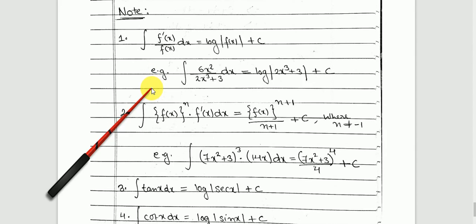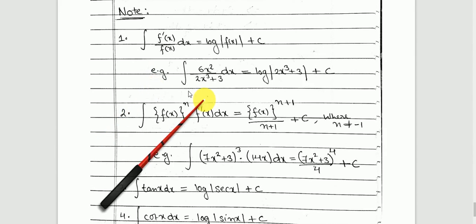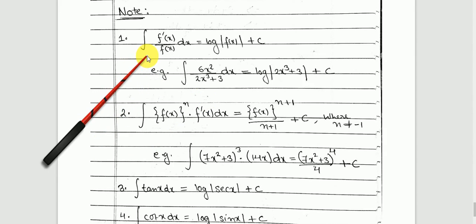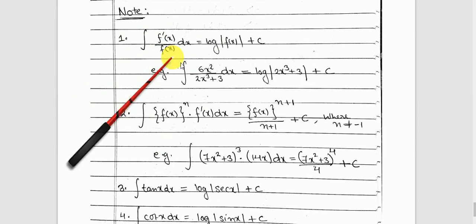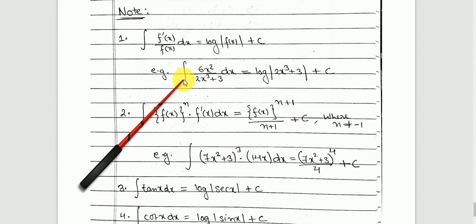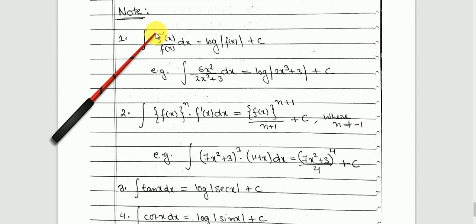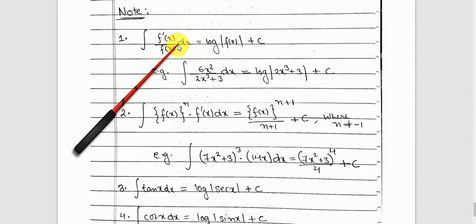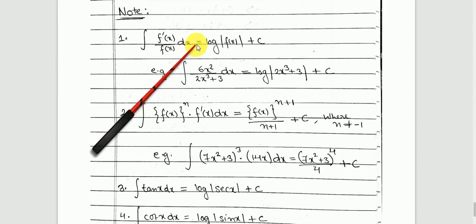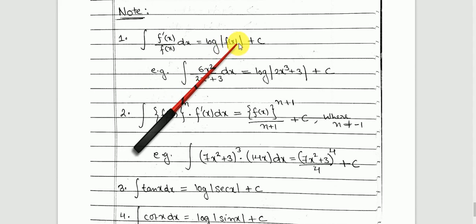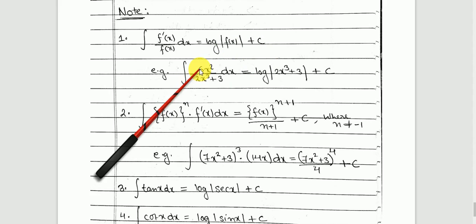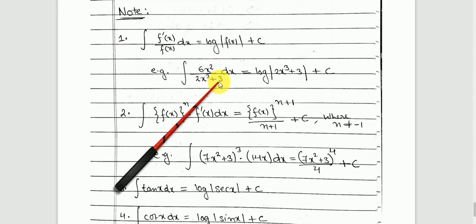Then we come to some formulae. Before we move on to the next exercise, we have to see these formulae, and you have to remember them. Note 1: integration of f dash x upon fx with respect to x is always log mod fx plus c. For example, 6x square upon 2x cube plus 3.